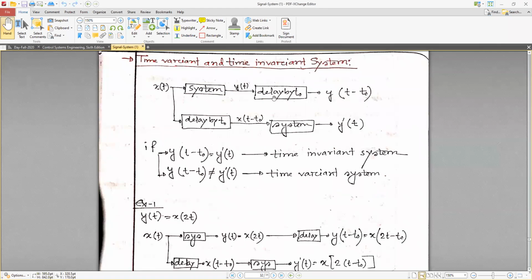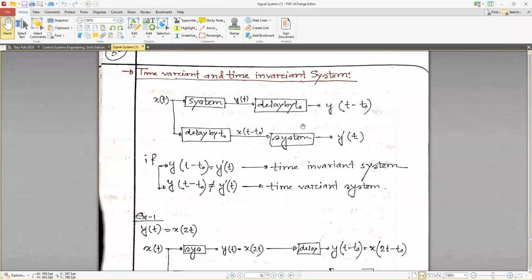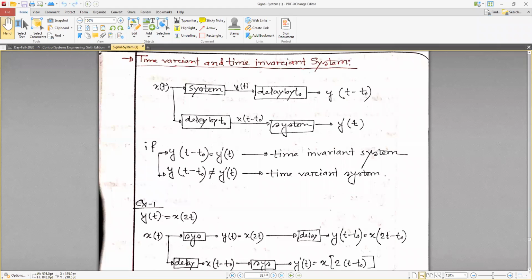And now, time variant and time invariant systems. Here comes another one. For input x(t) and output y(t), if we delay the input by t naught and the system output is the same as the delayed output, then it is a time invariant system. If it does not maintain the rule, then it is a time variant system.